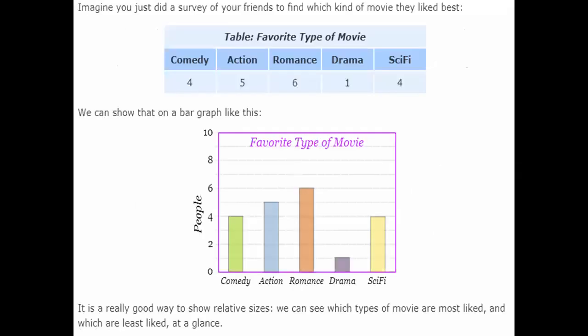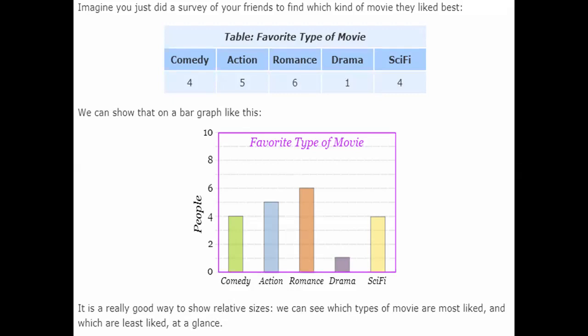Here one example has been given, right? Imagine you just did a survey. In that survey, the favorite types of movies were given in five categories: comedy, action, romantic, dramatic, and scientific movies.